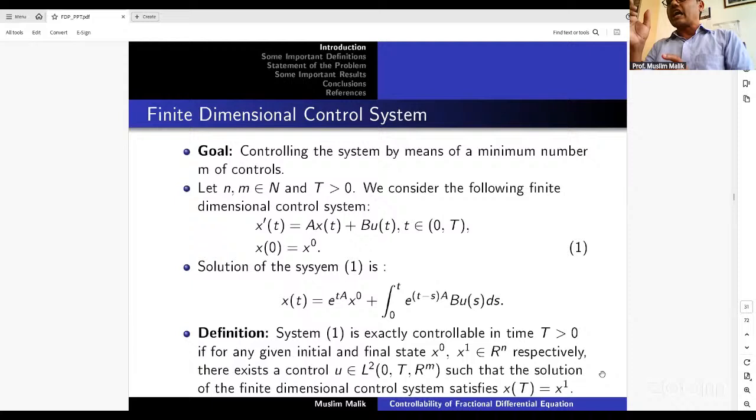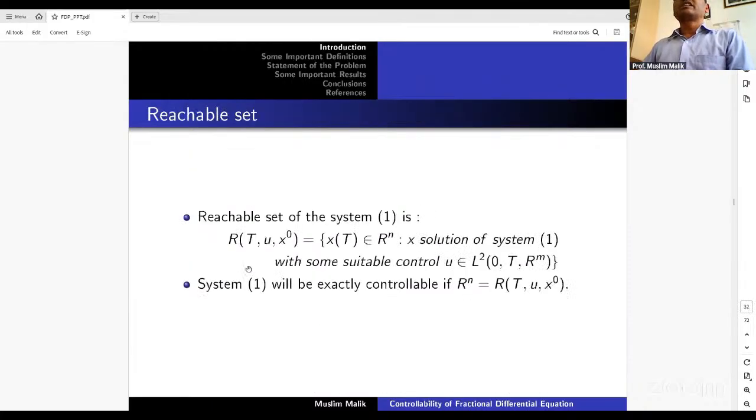This capital T should not be infinite, because if we achieve some target in infinite time, then there is no meaning. So we need to achieve our target in finite time. This set R is called the reachable set.